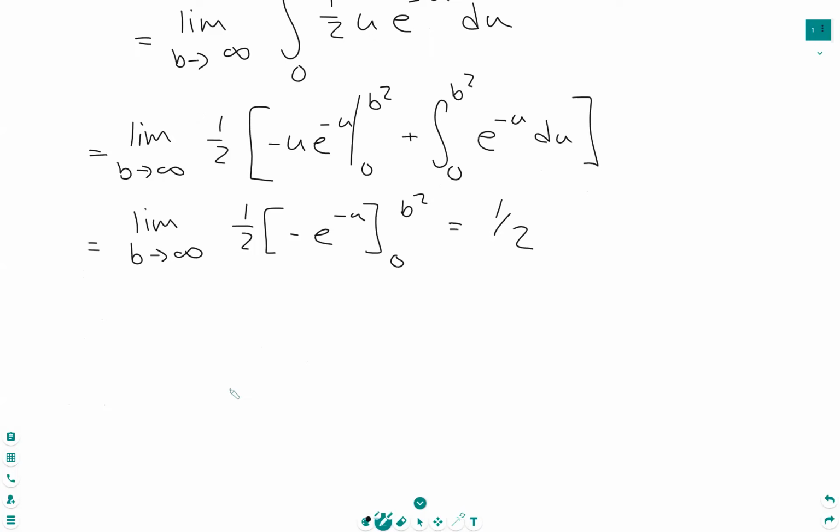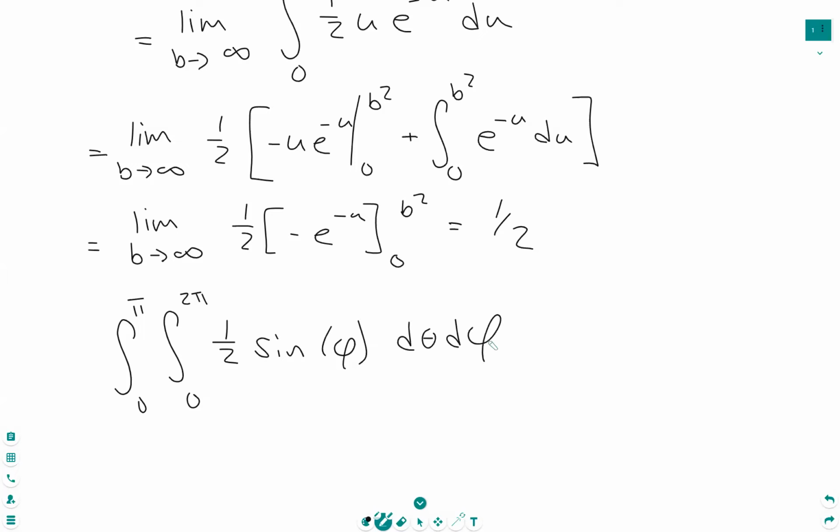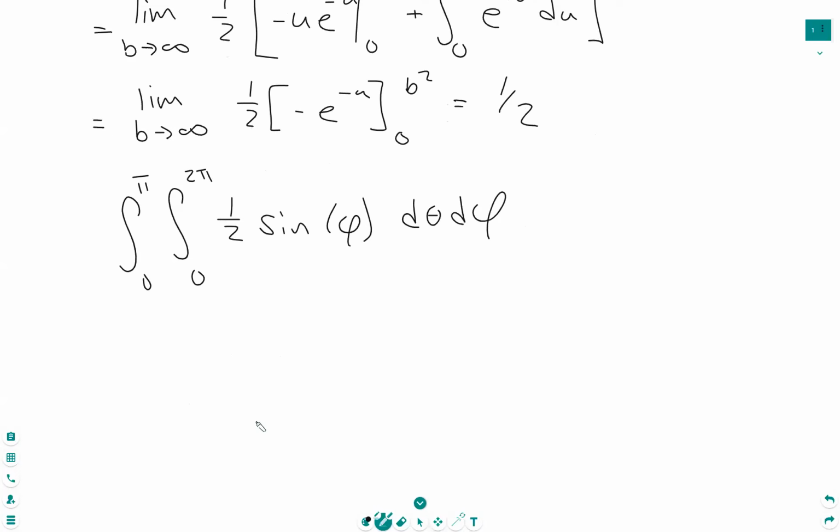So now that we know that the rho integral is just 1/2, we can go back to the rest of our integral. This is 0 to pi and 0 to 2 pi. We have our 1/2 from our rho integral. We still have our sine phi d theta d phi. It's pretty easy for us to do the theta integral.